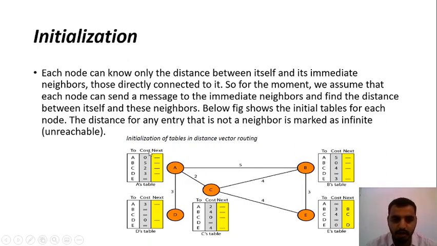Consider this table for A, in which this is the router, this is the source and the destination. From router A to A, what is the cost? The cost is 0. Traveling from A to A, the cost is always 0.